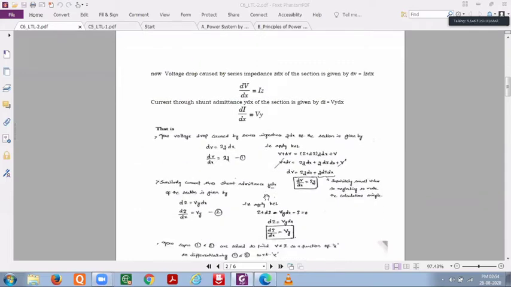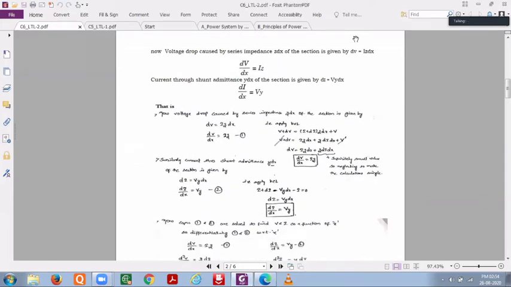So these are the equations. Okay, see this, I have written my KVL. While writing this KVL, I told you to make some assumption. What is that? The z into di dx, di and dx are infinitely small. So the product of small z, di and dx is very small, so that we can neglect that term. When I neglect that term, I'll get dv by dx equal to Iz.